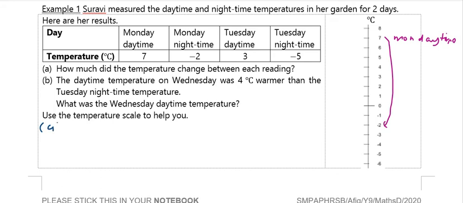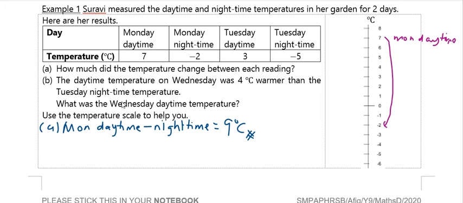For part A, Monday daytime to nighttime, what's the temperature change? It is 9 degrees Celsius. It doesn't matter whether it is dropping or rising, the temperature change here is 9.